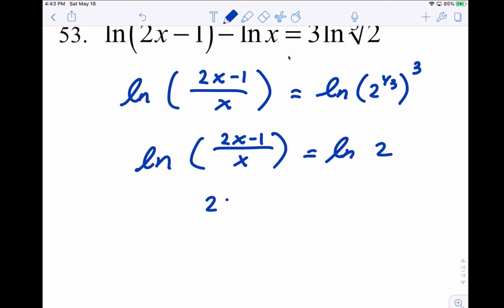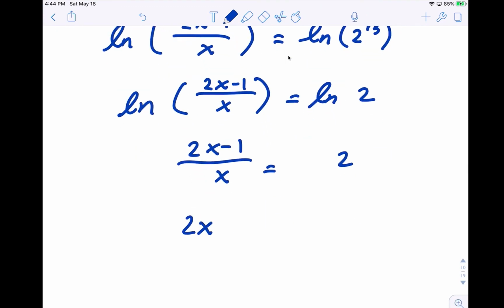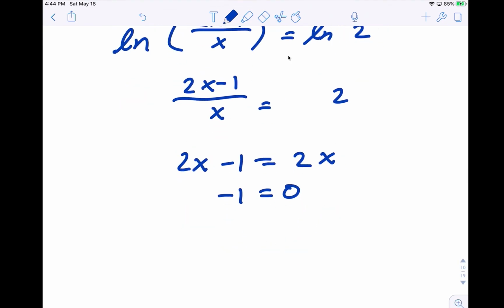So that's 2x minus 1 over x equals natural log of 2. No, sorry. Just 2. And then that gives me 2x minus 1 equals 2x. Which then, if I subtract the 2x over, I get negative 1 equals 0, which obviously is not possible. So this one, there is no solution.